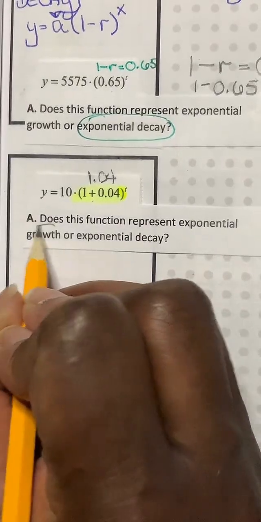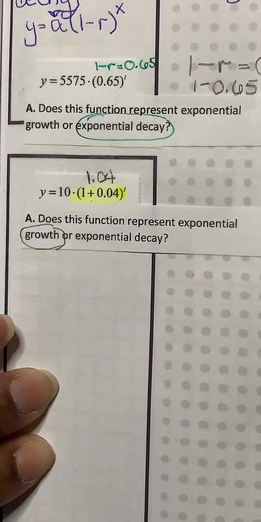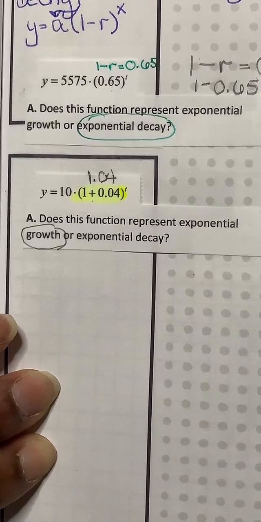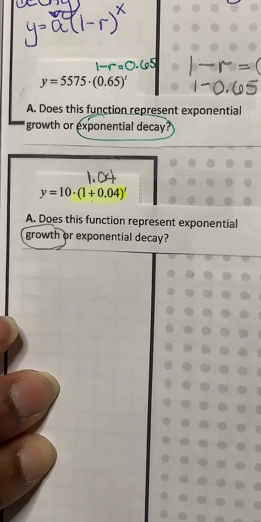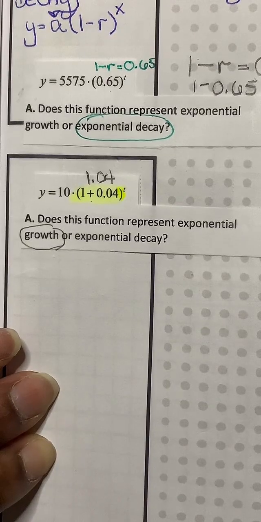So since this is growth, now what would be my initial value? What did I start off with in this case? My initial amount, my initial number of, I don't know, flowers.